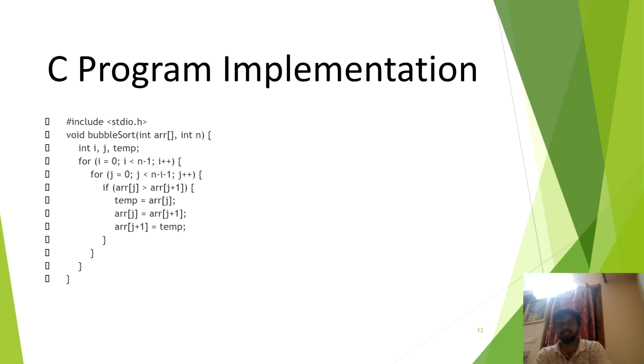Let us clearly understand how bubble sort is implemented using a C program. First step, hash include stdio.h. It is a simple step, nothing but a header file. We are just including it in the C program. Next, we are calling one function, void bubble sort, int array.